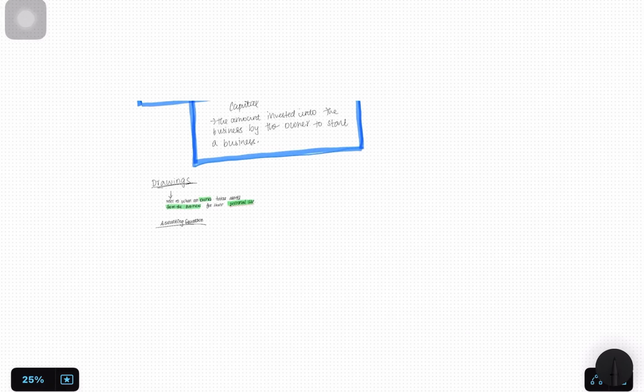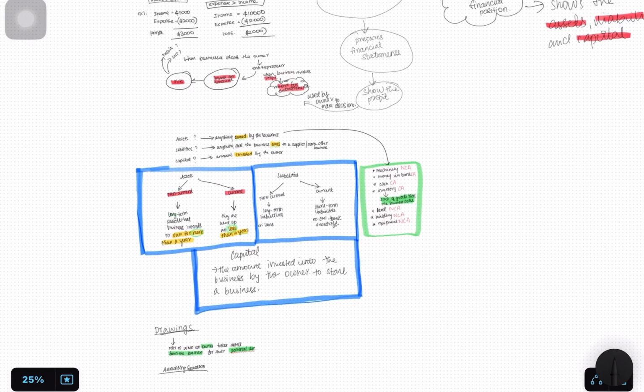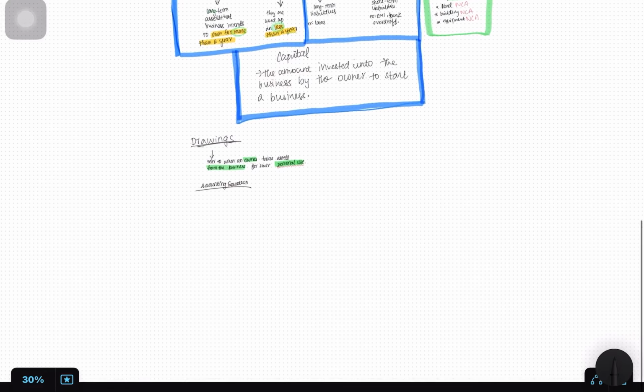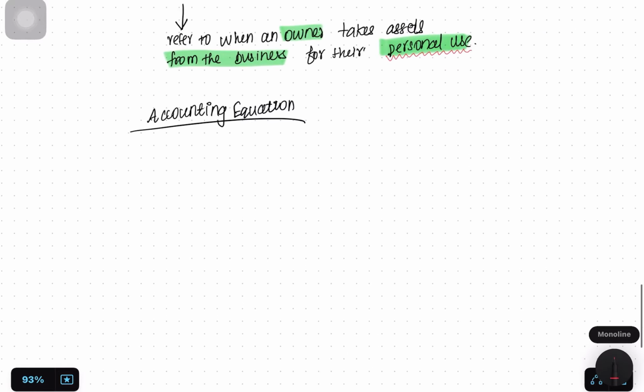So far, all that we saw was just small examples of profit, loss, different definitions and different terms. Now we are going to be entering a main concept, the accounting equation. We all have learned different equations in math. An equation usually has a right side and a left side, and both are equal.